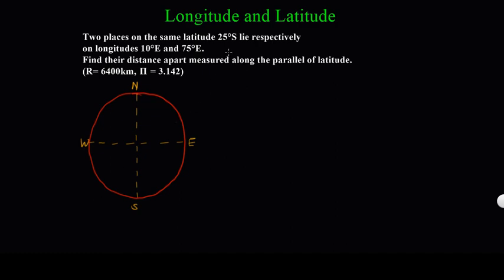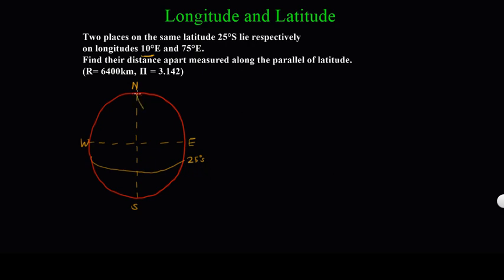So they lie on the same latitude, and the latitude is 25 degrees south, somewhere like this. 25 degree south, and the first point, let's call that point A, which lies on the longitude 10 degree east.